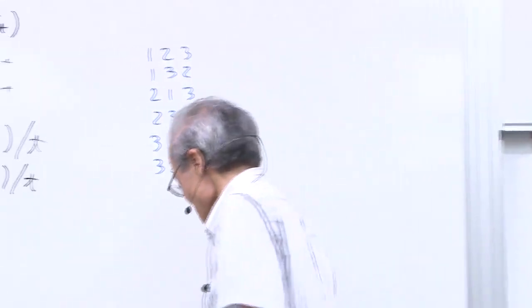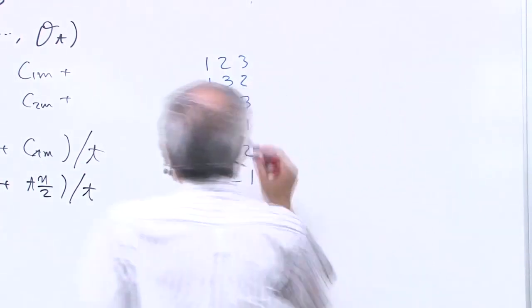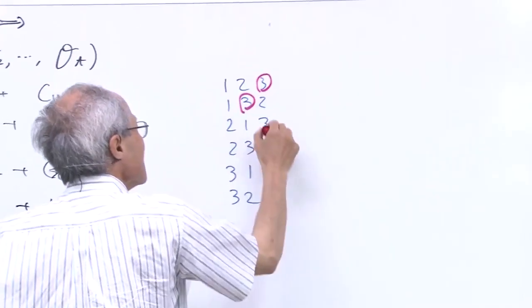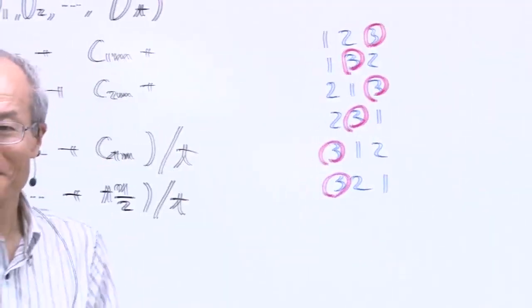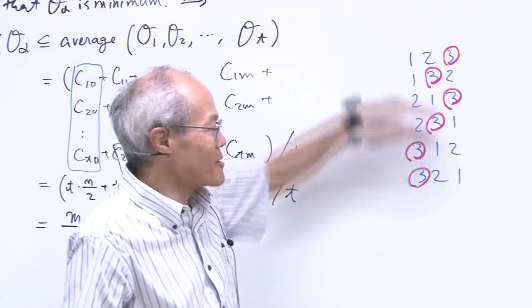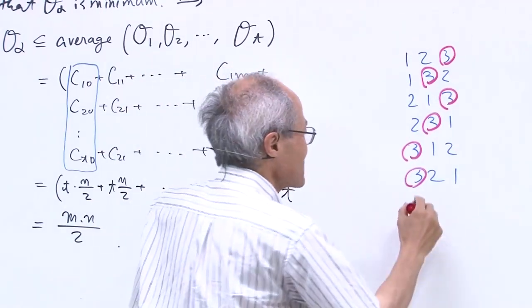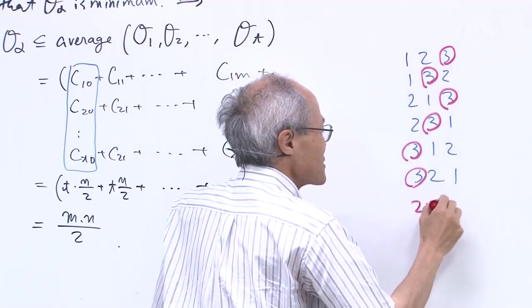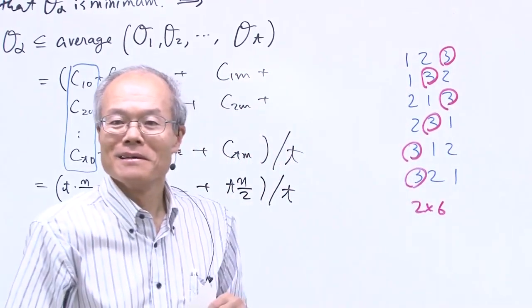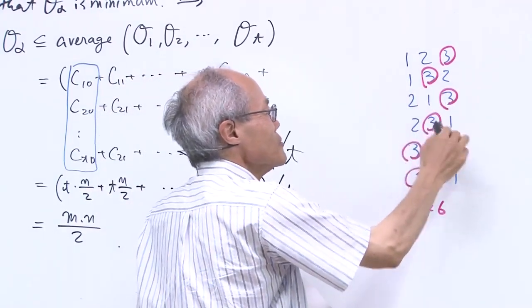Request is 3. What is the cost? What is the sum of the cost? The sum of the cost is, of course, 2 times 6. Okay, this is 3, 2, 3, 2, 1, 1.